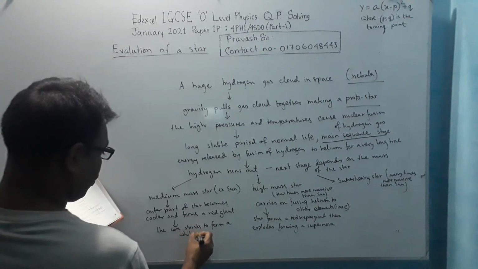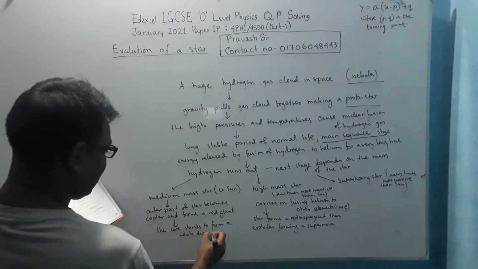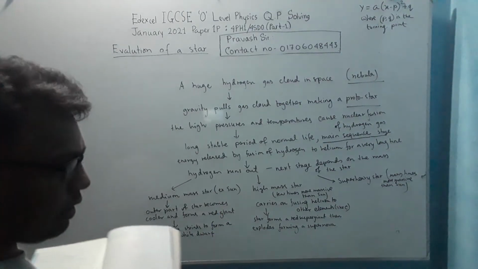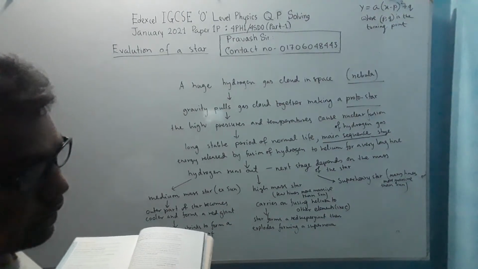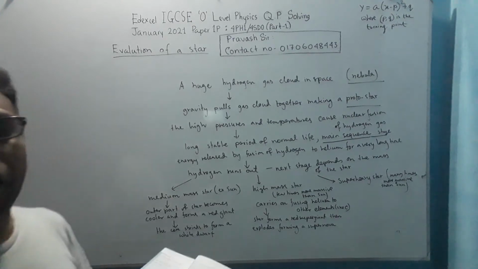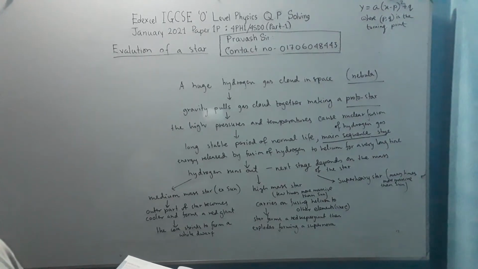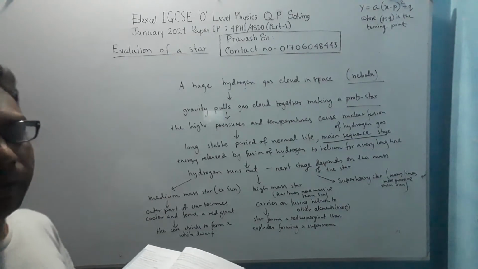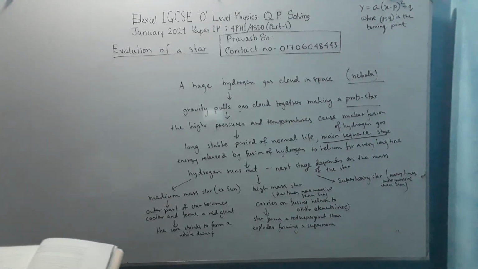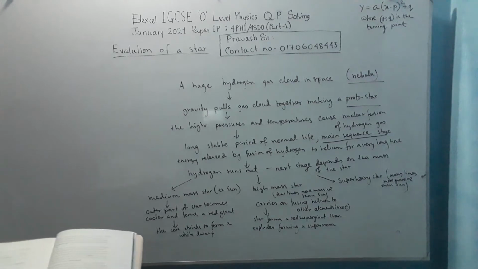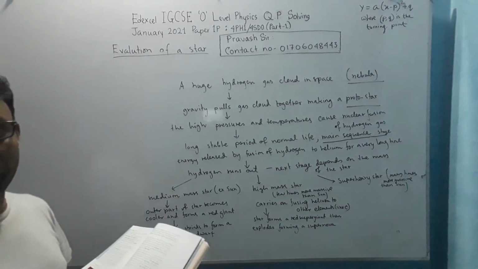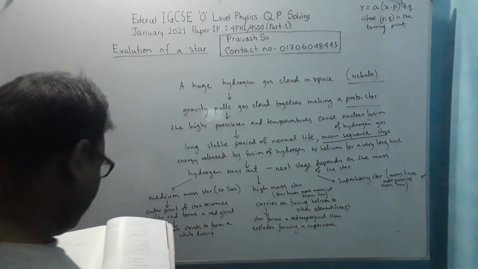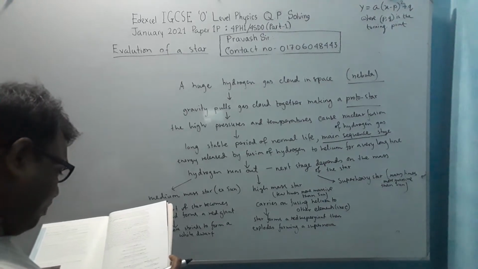White dwarf. Okay, this is the medium mass star like the Sun. So, what's the end of our Sun? We'll say that is the white dwarf, right? When our Sun fades, it will be converted into a white dwarf. That is the last stage of our Sun.